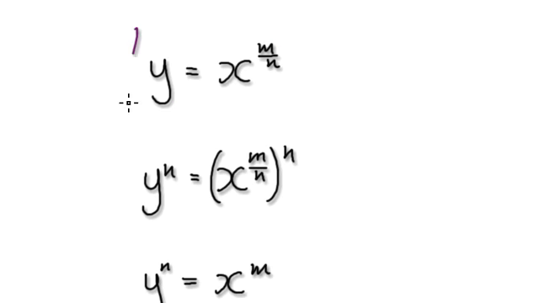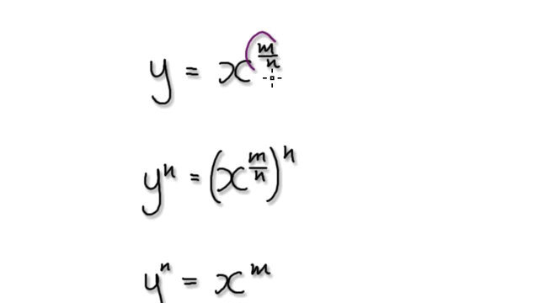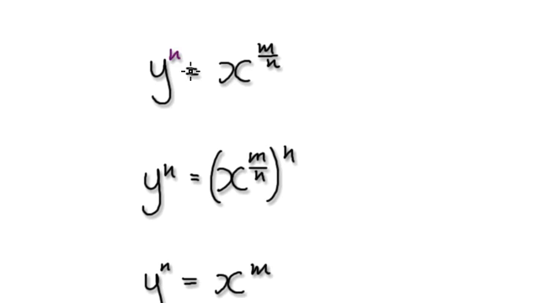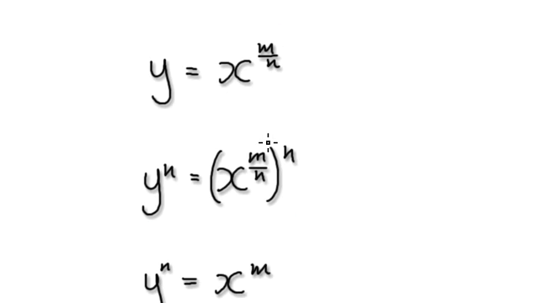We started out with this. We want to be able to differentiate this without making that move. So the trick here is to power both sides by n. When you power this by n and power this by n, that will give you this.